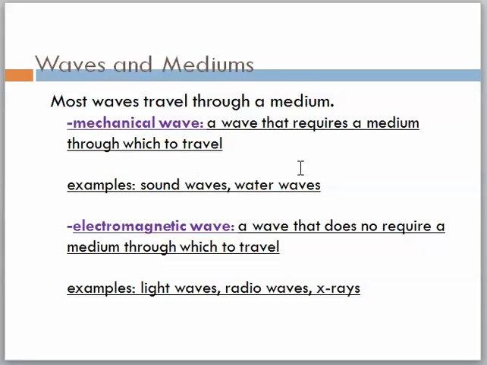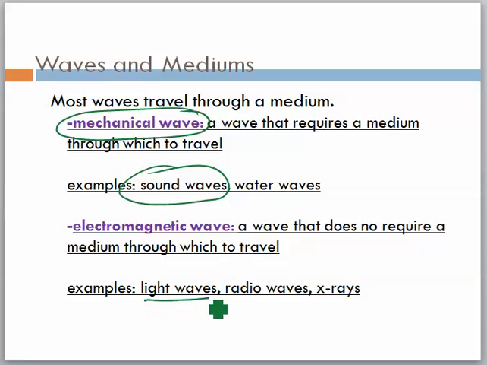Notice that up until this point, for the most part, everything we've been talking about in class has been a mechanical wave, because we've almost exclusively talked about sound waves. Now we're going to start heading into electromagnetic waves, and light, radio waves, X-rays, all of these. The biggest difference, they do not require a medium.